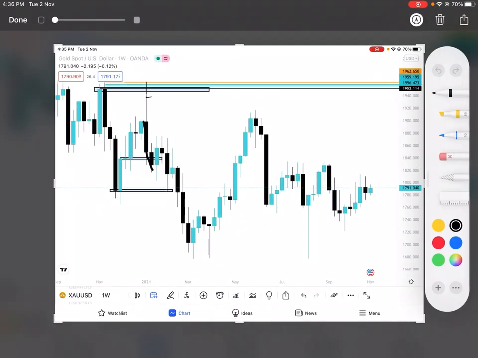The price breaks and goes up, pullback around here, breakout, pullback around here, drop. The price drops and reaches the weekly level, and then weekly to weekly.